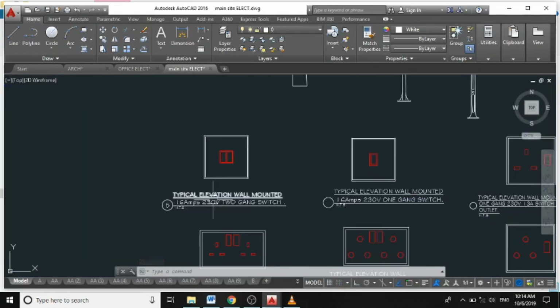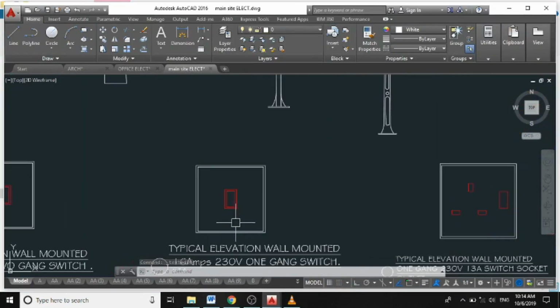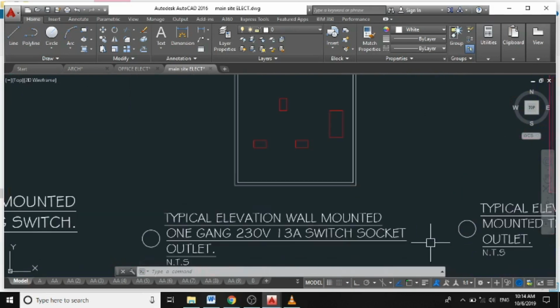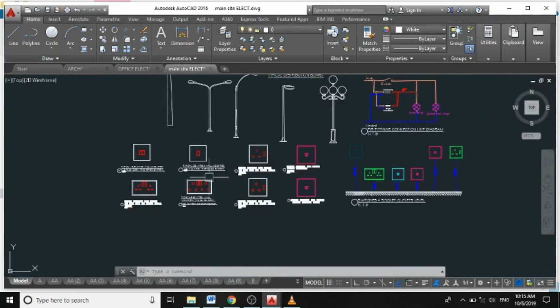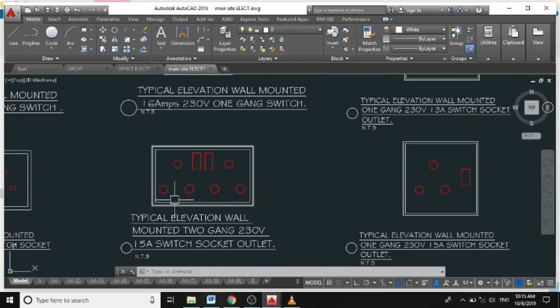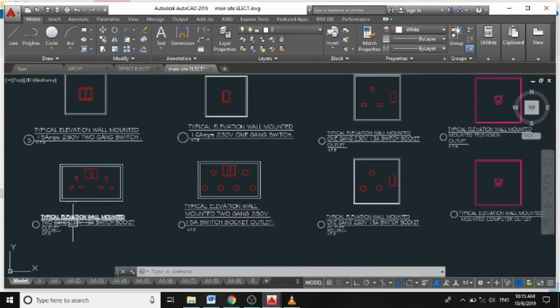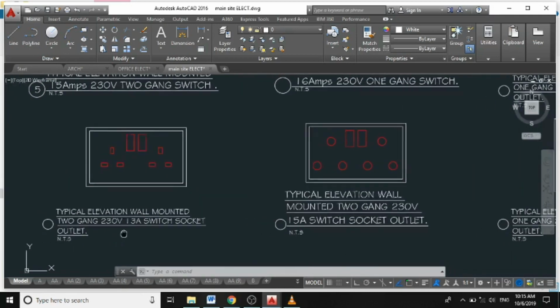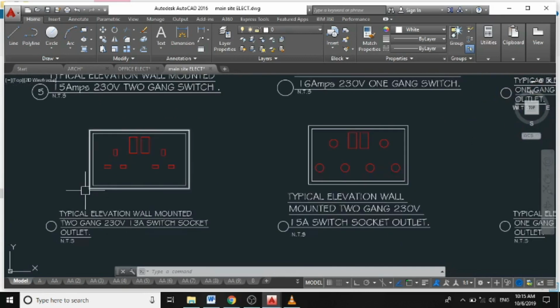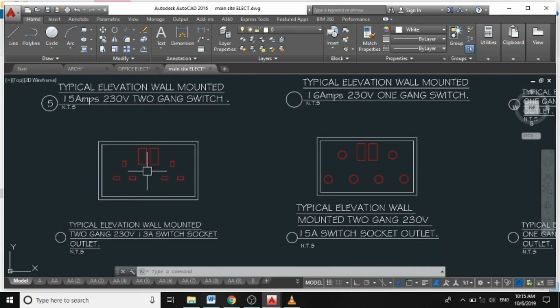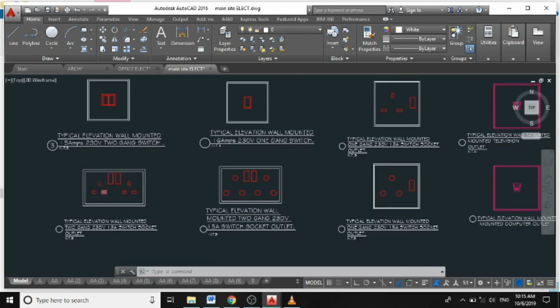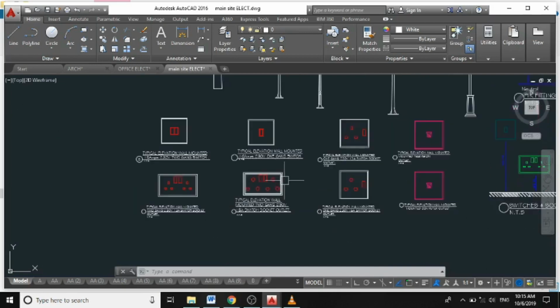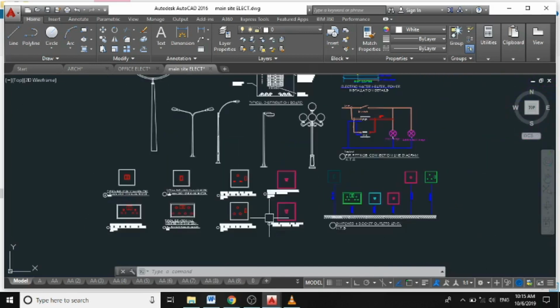For example, here, this is how my socket will look like. This is how my 13 ampere socket will look like, and my 15 amperes. This is how they will look like. This is a type 30 volt 30 ampere switch socket. These are two gang sockets or twin sockets. Of course, that of the switch.